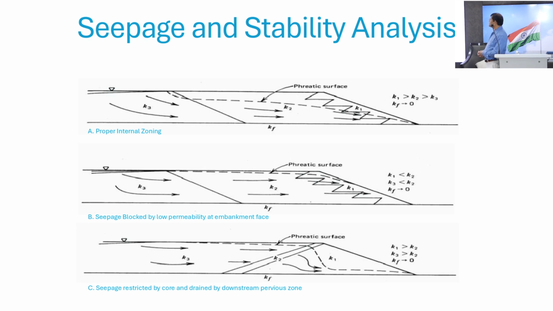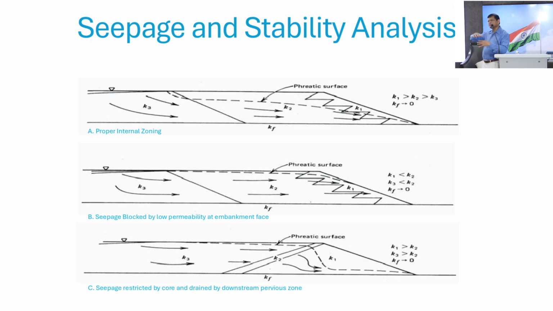Again, in the upstream, you can use a drain blanket at the bottom to bring the pore pressure or the phreatic surface down. And in the case of downstream, with the chimney and then the blanket drain, you can see the pore pressure on your downside. The main thing is we have to see what is happening on the downside.